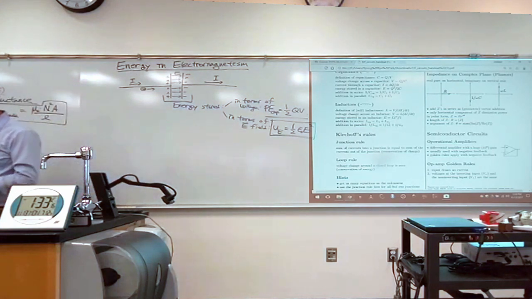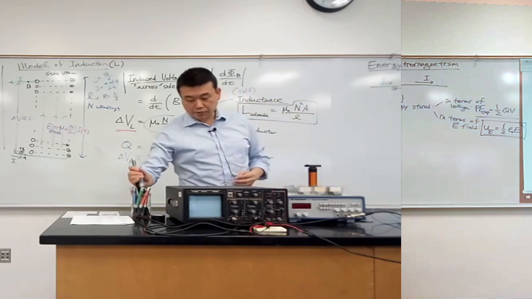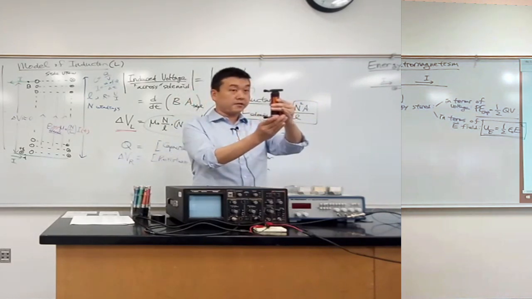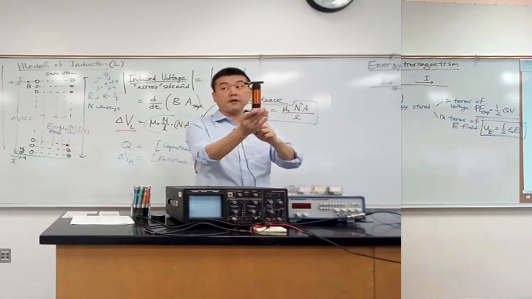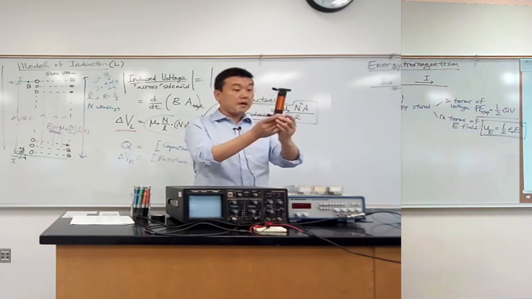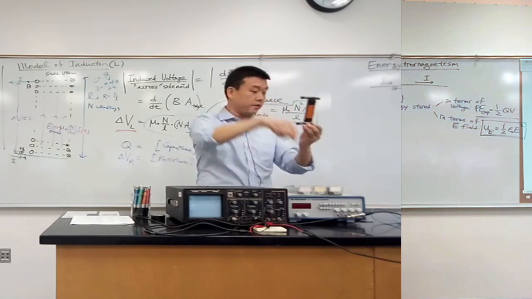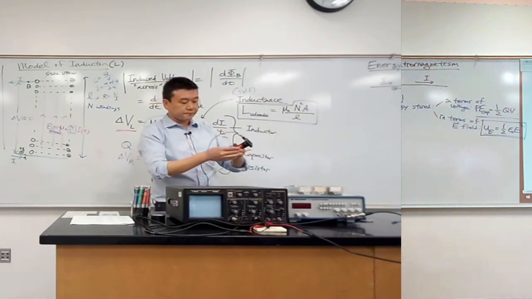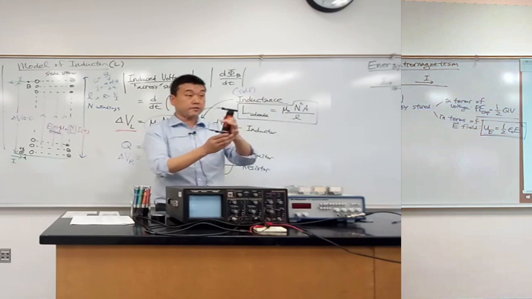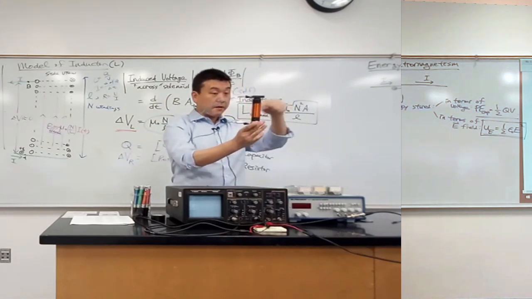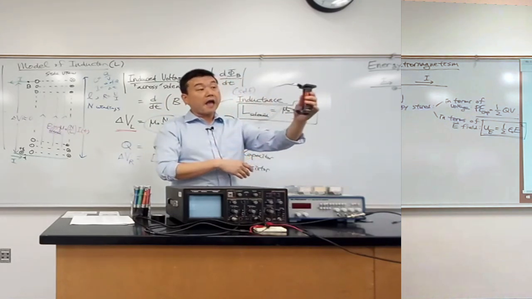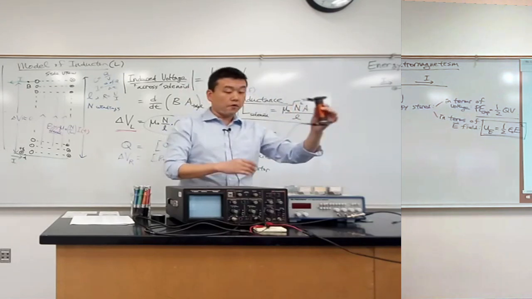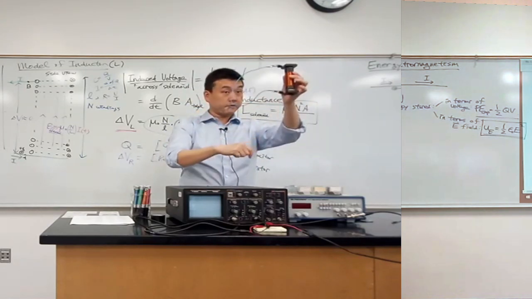Because this is what I want to claim. Imagine this is a perfect inductor made with perfect wires with zero resistance. If I have some amount of current flowing through here, which means I must have closed the circuit here, I'm going to say there is energy stored in this configuration of current flowing through an inductor.